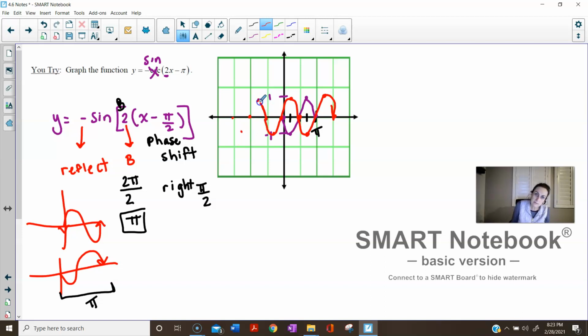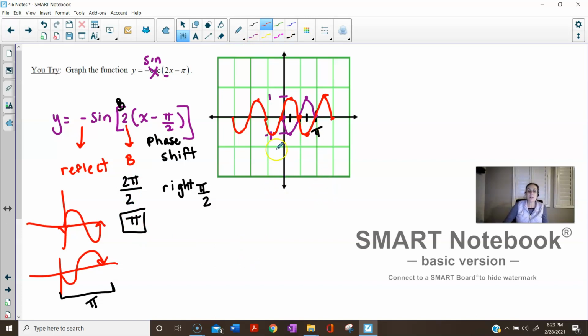So here, I'll just keep continuing this, and you can see over here, I kind of messed up a little bit. Could fix that. So this is here and then here. Okay, so the red is my sine graph that got phase shifted by a half pi and got reflected.